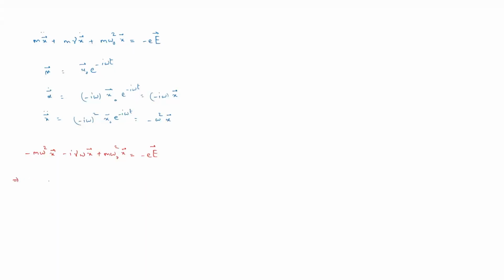This gives us minus m omega square minus i gamma omega plus m omega naught square.